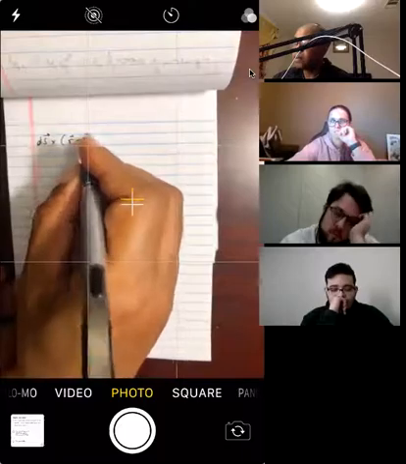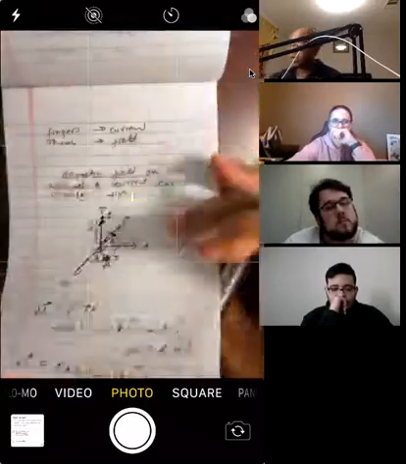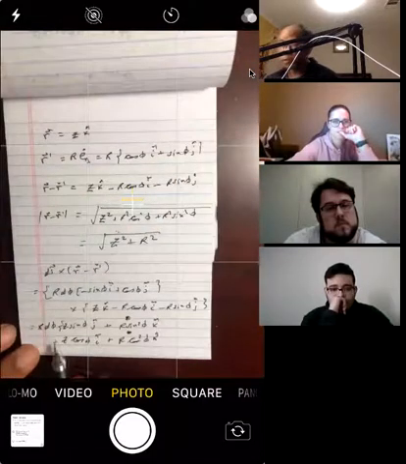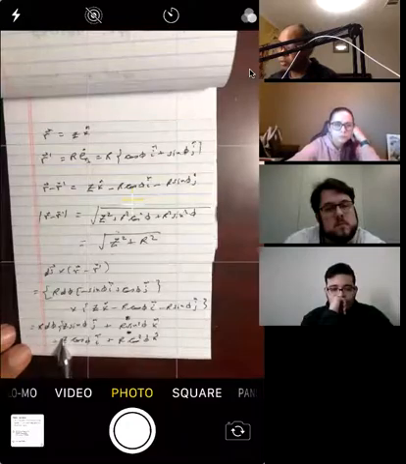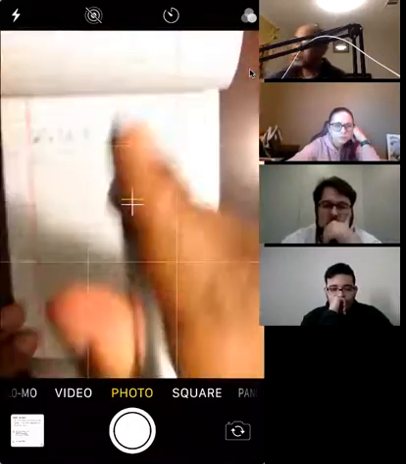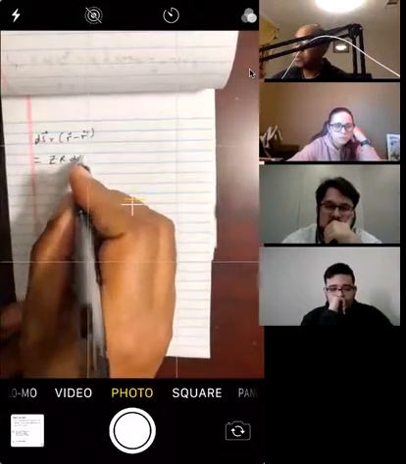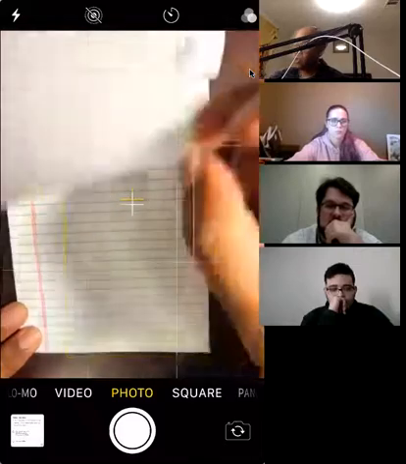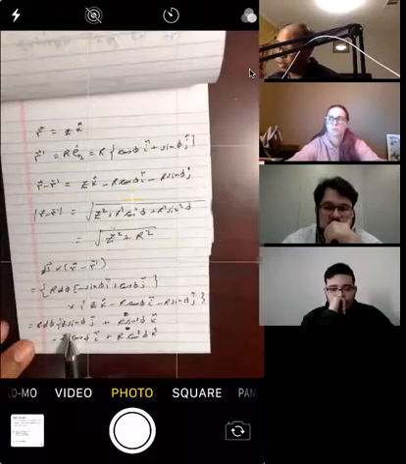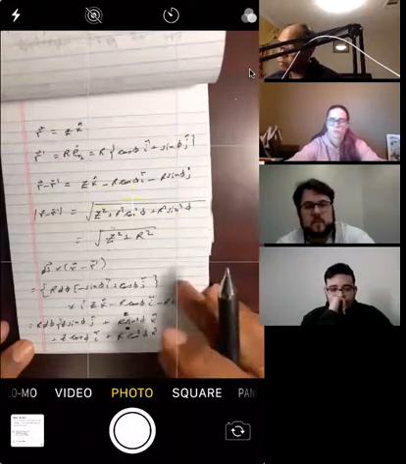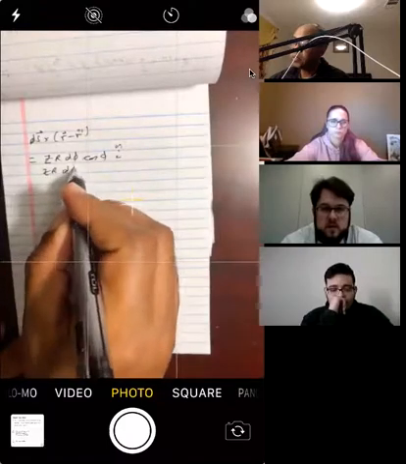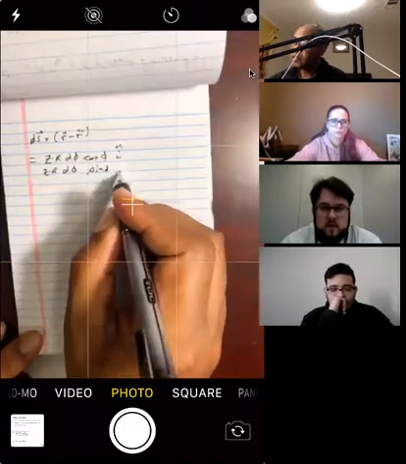So ds crossed with r minus r prime in this one, we have an i component, which is z r d phi cosine of phi, in the i direction. And then I've got a j component, r d phi z sine phi, so z r d phi sine phi in the j direction.